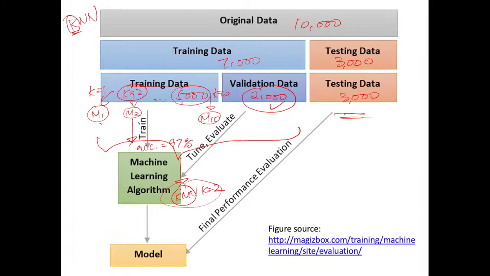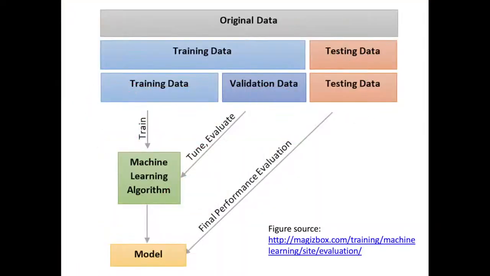Why can't you just report that? Let's think about another case where you don't have the validation data. Let me remove everything. If you don't have the validation data, you just have, let's say, 7,000 training data and 3,000 test data.